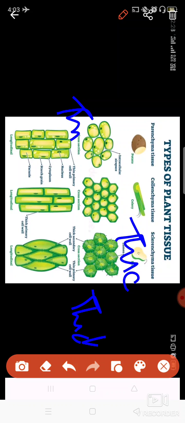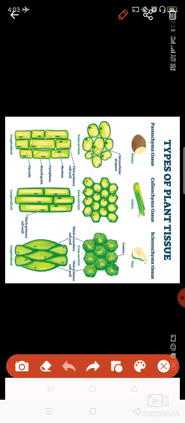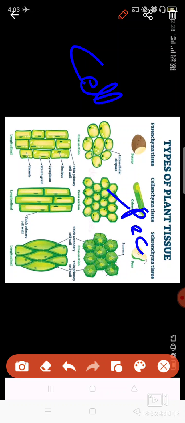Their cell wall is made up of cellulose. In the case of parenchyma, it is cellulose plus pectin, and in sclerenchyma it is cellulose plus lignin. In longitudinal section, these cells will be visible like this.